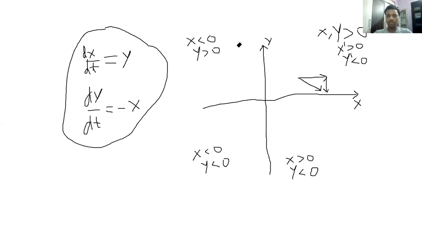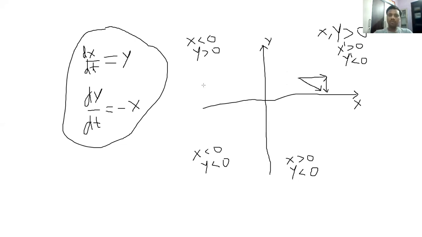No issue. So this is the resulting direction in this part.